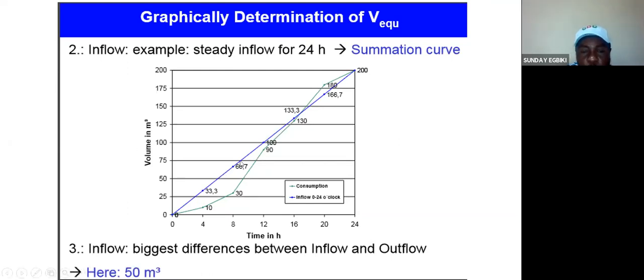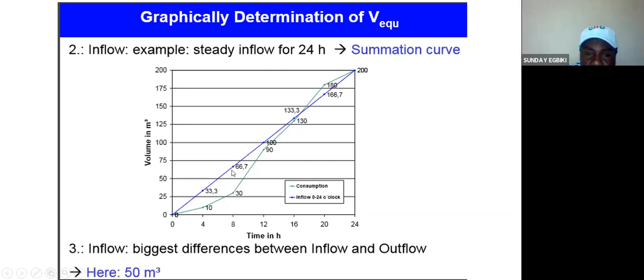The blue one is a curve of the transmission line, and this curve is a curve of the distribution. I told you earlier that you will use the daily water demand to size your transmission pipe, and we use the hourly demand to size your distribution pipe. When you plot the graph like this, you will look for the maximum difference. If you want to check it, here we have the maximum difference.